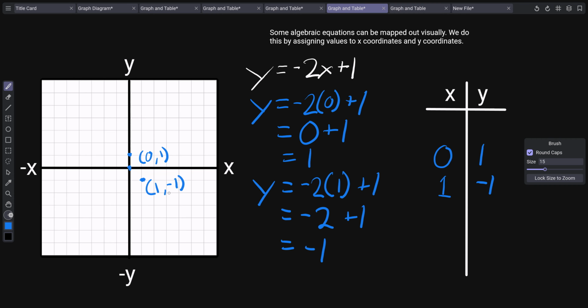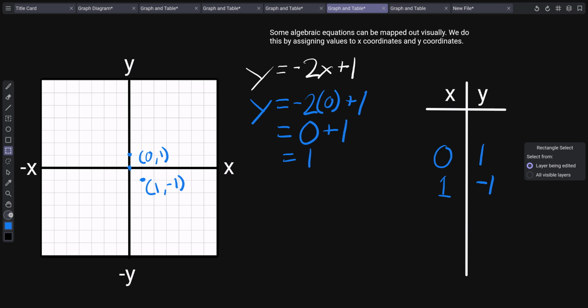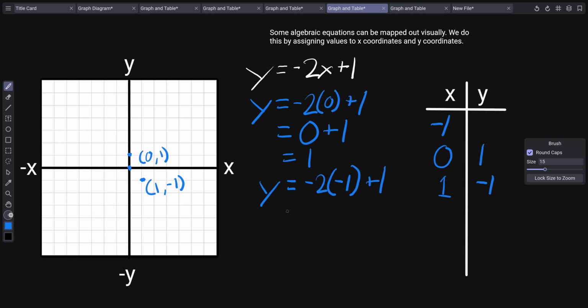And we'll do one more. And in this case, I actually want to use a negative number for the x. So I'm going to use negative 1. Then we solve for y. So we basically just simplify what's here. So we get negative 2, negative 1. We add 1.